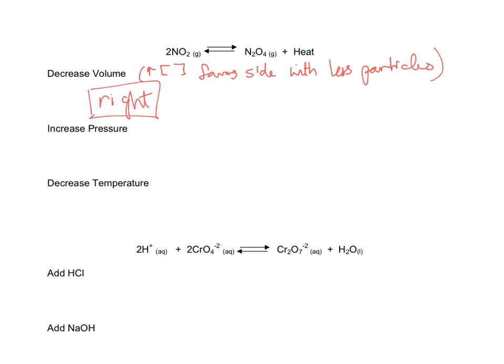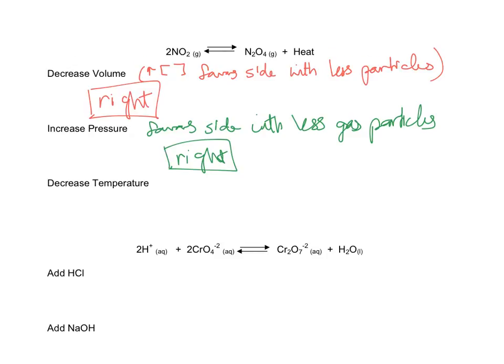Okay, let's look at pressure. And again, we're assuming this is pressure due to volume. So if you increase the pressure, it favors the side with less gas particles. And so in this case, the one with less gas particles, that would also be the right.